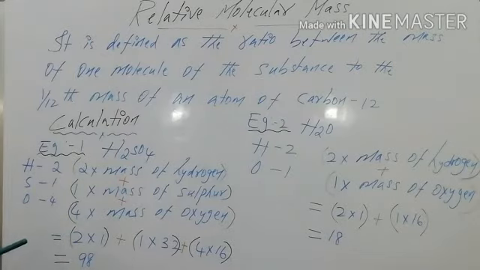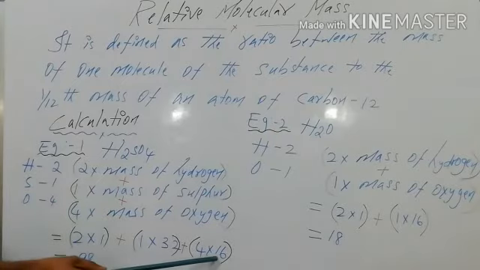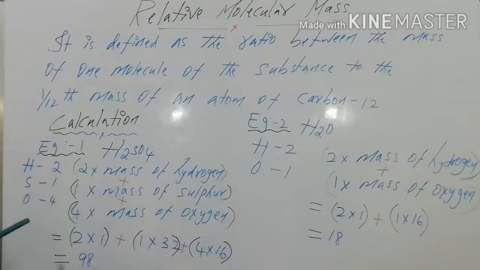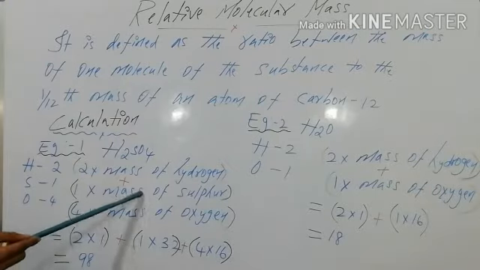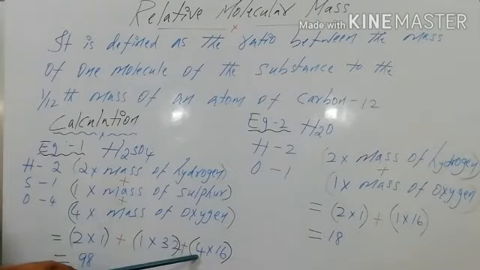From the periodic table, the mass number of hydrogen is 1, sulfur is 32, and oxygen is 16. So 2 into 1, plus 1 into 32, plus 4 into 16. Totally it is 98.